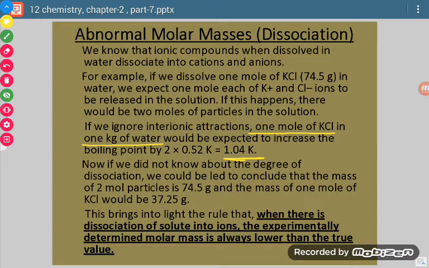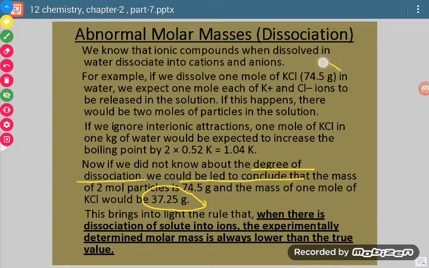Now if we don't know the degree of dissociation, meaning how many molecules get dissociated, then if we calculate by applying the formula, we will come to a conclusion that the molecular mass of solute is near about 37.25. Okay, this may be our result by using the elevation in boiling point property.